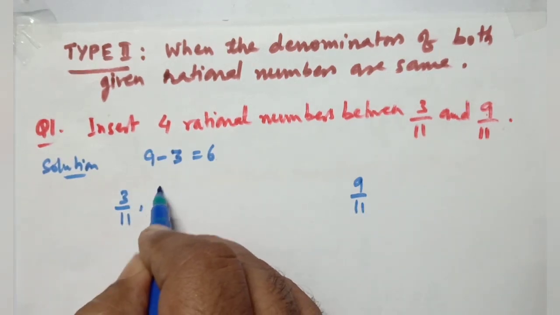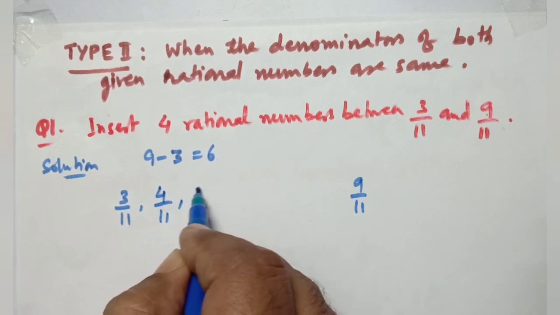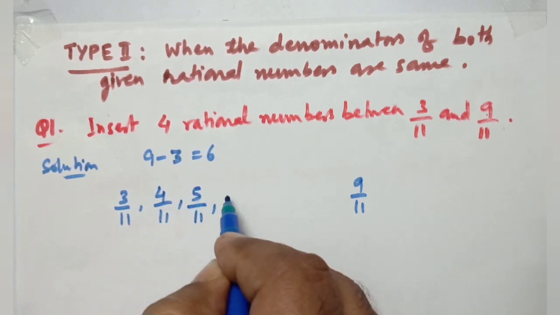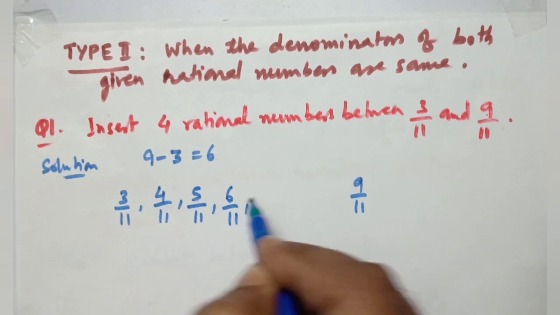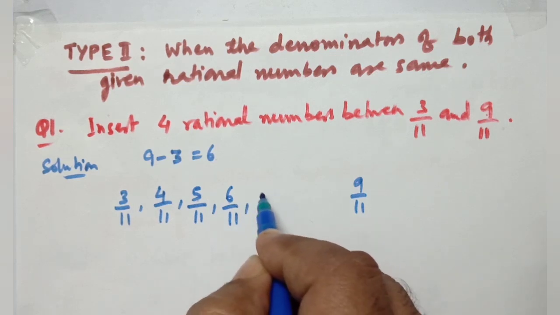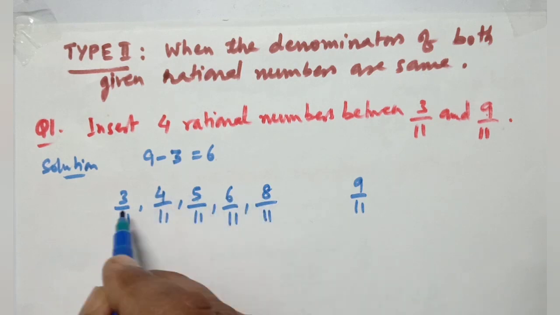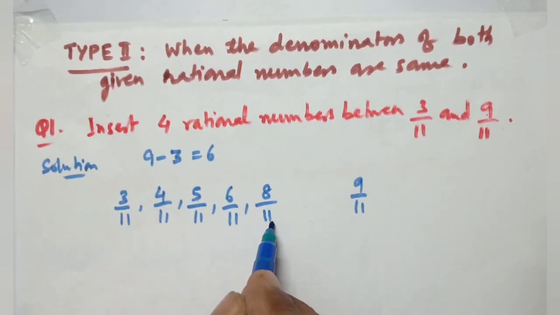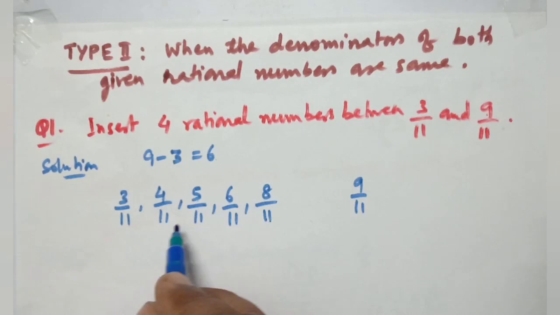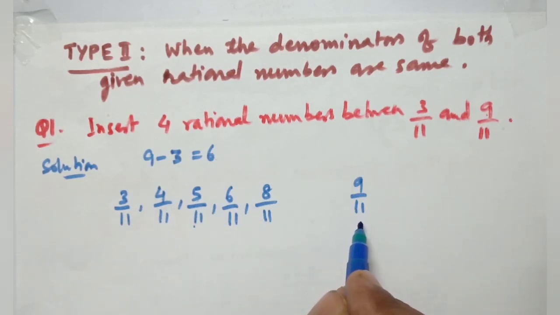Say I write 4 by 11, 5 by 11, 6 by 11, 7 by 11 or 8 by 11. Any four numbers between 3 and 9 with the same denominators. So these are the four rational numbers between 3 by 11 and 9 by 11.